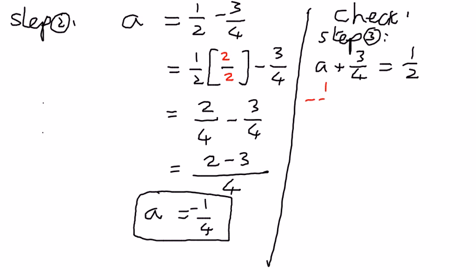So negative 1 over 4 plus 3 over 4 is equal to, or let me just write the value which I'm substituting, negative 1 over 4, in red, and the rest of it in black, so you see the difference here.